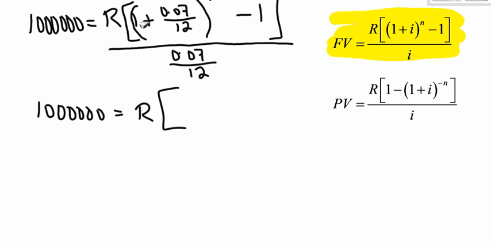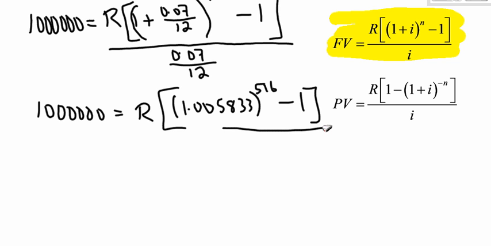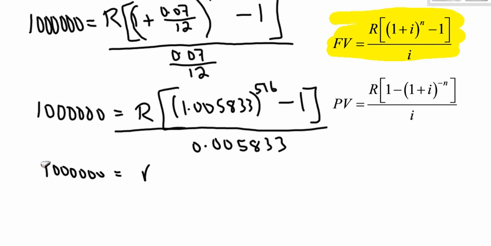Divided by 12 plus 1, and I get 1.005833 to the exponent, and what was this number again? 516, minus 1, and that's going to be divided by 0.07 divided by 12, that's this 0.00583 number.